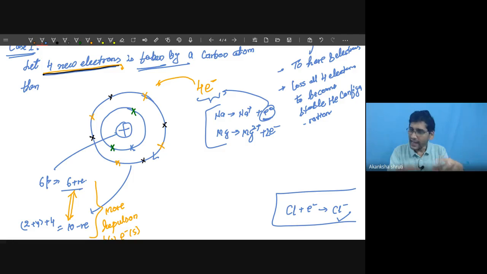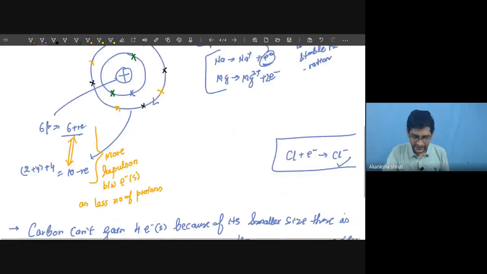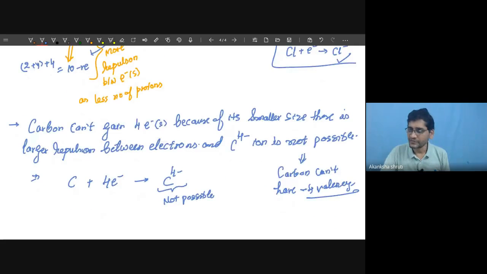Though the nucleus has only 6 positive charges, the total electrons are now 10. For the outermost orbit, only 4 protons are there, but 8 electrons in the outermost orbit, so that cannot be balanced. Therefore, C4 minus is not possible. Therefore, carbon cannot have negative valency.